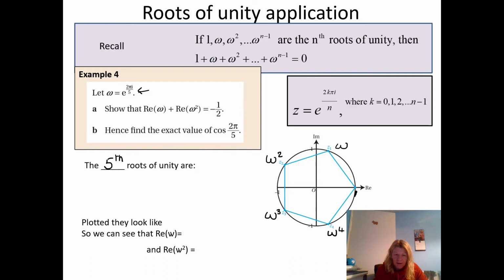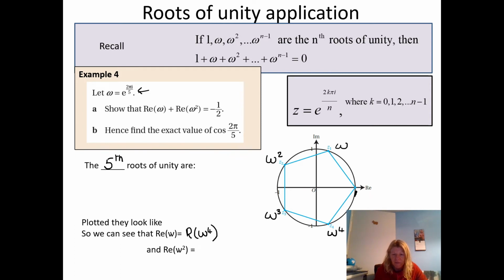Right, so we can see that the real part of omega is, say, a half across and 3/4 up. Well, on omega to the 4, the real part will still be a half across, but it'd be down. So really, the real part of omega equals the real part of omega to the power 4.